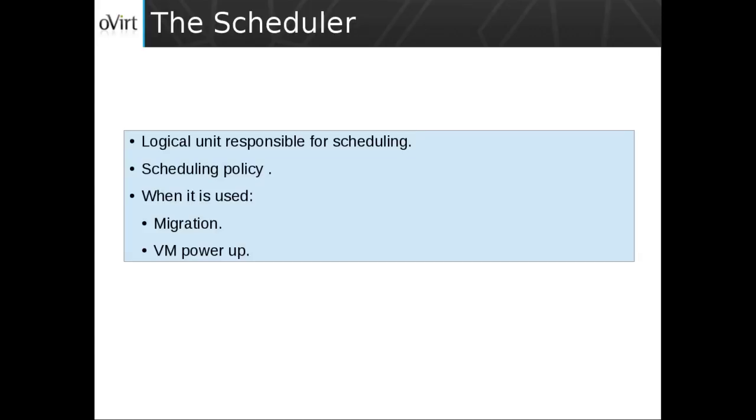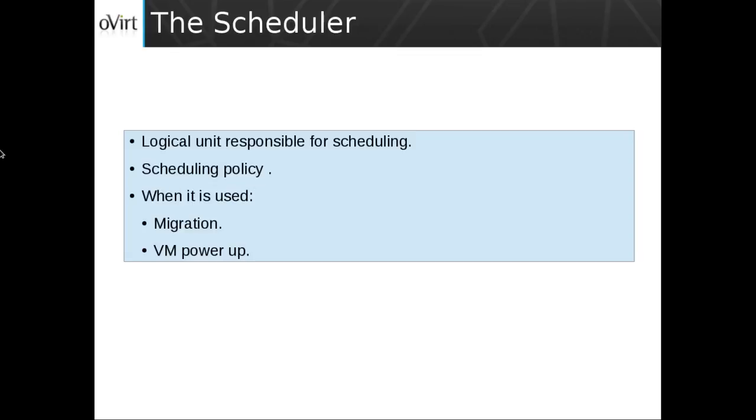First of all, the scheduler is a logical unit responsible for scheduling, which means basically you get VMs, and the VMs run on a hypervisor or host if you like, and you use the scheduler when you want to decide where to migrate the VM. If I want to migrate a VM from one host, then the scheduler decides based on the scheduling policies where to migrate it.